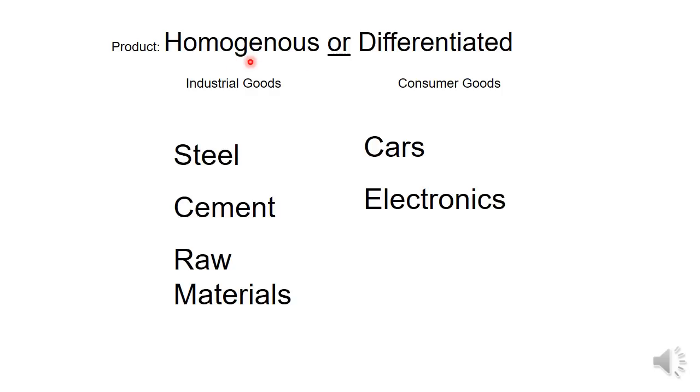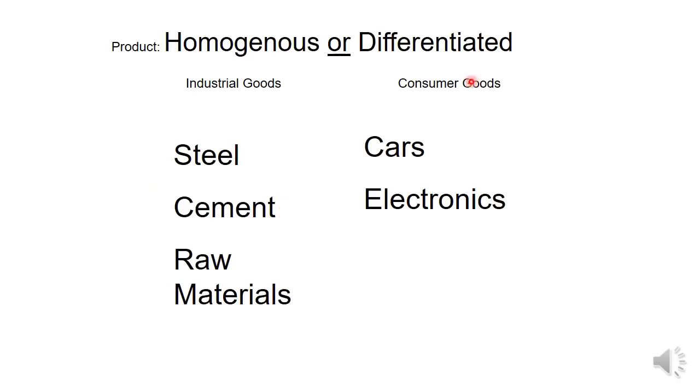In the oligopoly definition, when we talk about homogeneous, we talk about industrial goods that from the naked eye we can't tell apart. Of course, if you use some scientific equipment, you can, but usually we can't. Some examples of homogeneous goods are steel, cement, and raw materials. So take note that this homogeneous is a bit different. Naked eye we can't tell them apart, but with scientific equipment we can.